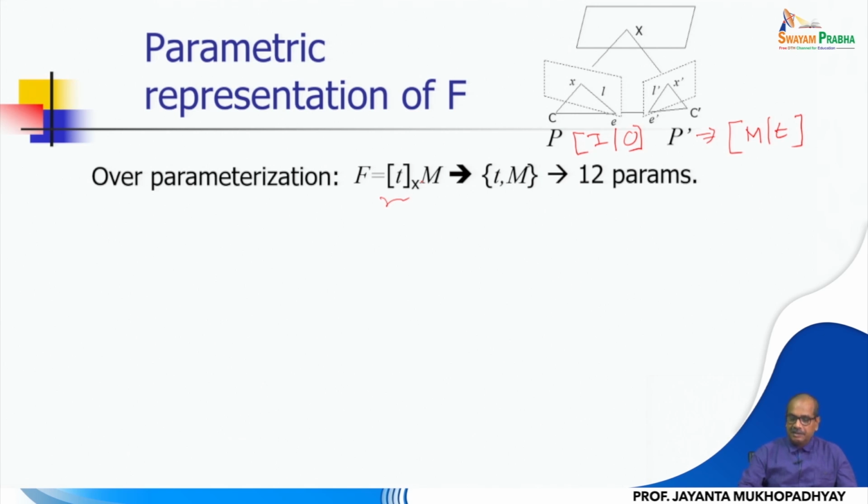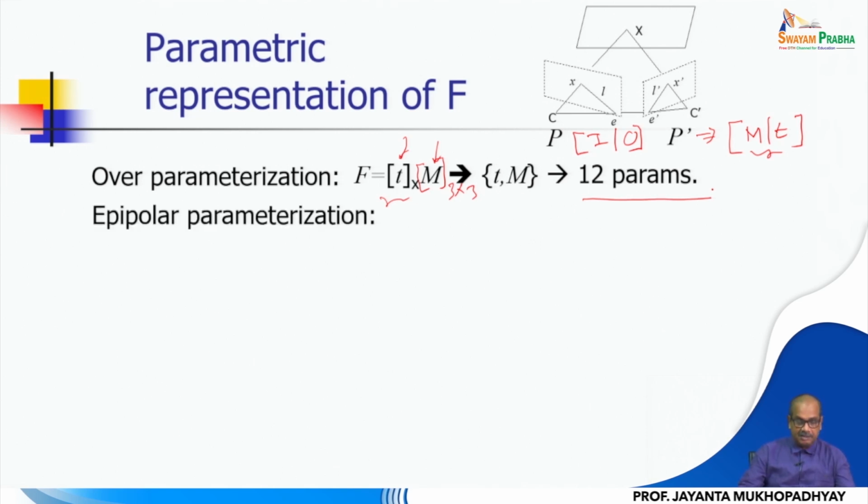You see that t contains three elements, and M is a 3x3 matrix with 9 elements. So in this representation there could be 12 parameters, but F has only 9. So it is an over-parametric representation.